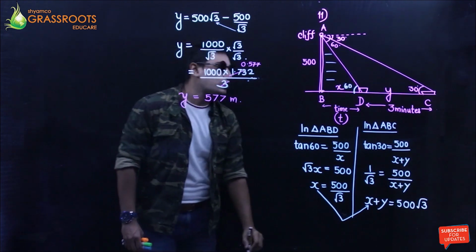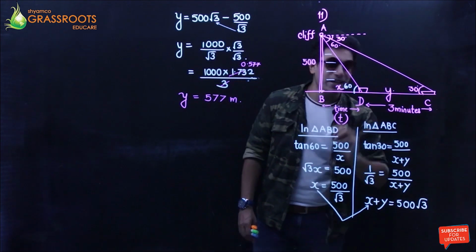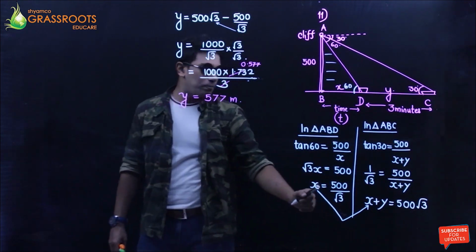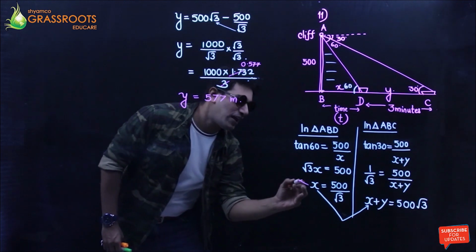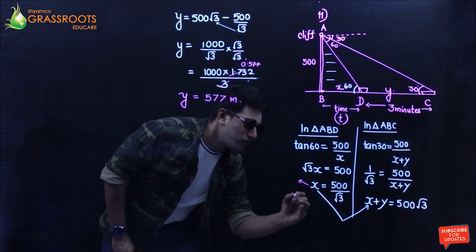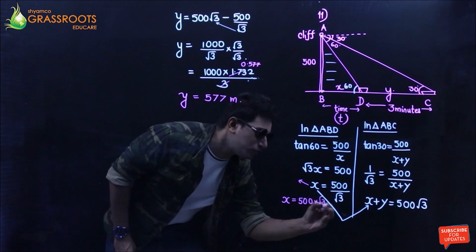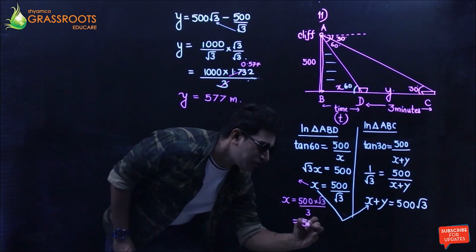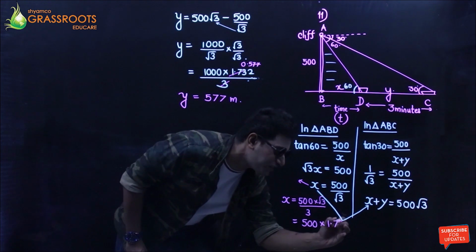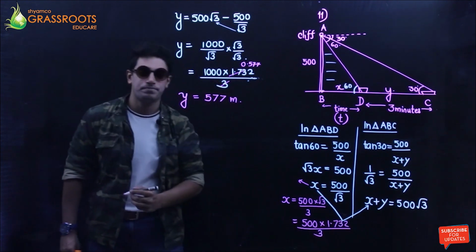Alright, now that's Y for y'all. Find X also, please. Here you can find out the value of X itself. Rationalize again. Root 3 upon 3. That makes it 500 into 1.732 upon 3.